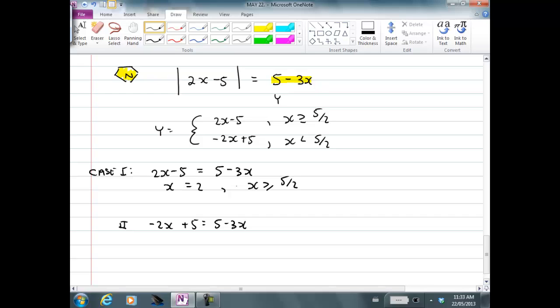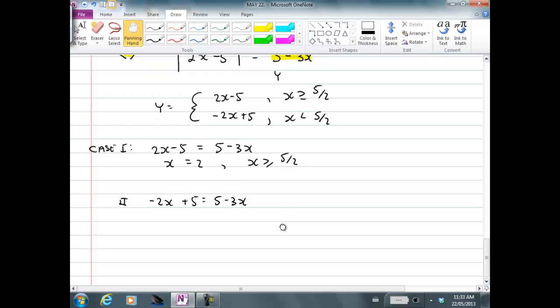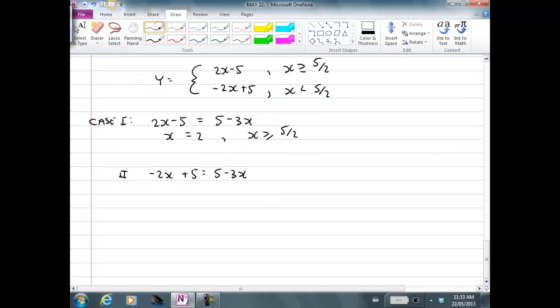Guys, listen up. So now, I have x equals 0. X is less than 5 over 2. Most of you, some of you got that, but you didn't get a card. Why is that? Stanley, why didn't they get a card? Because first one's a reject.